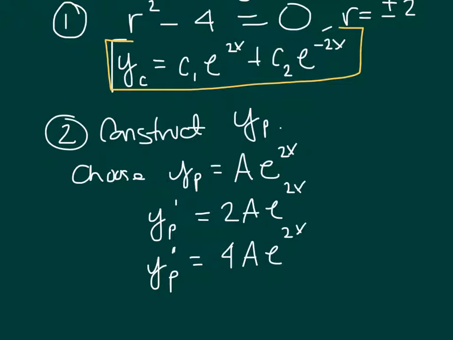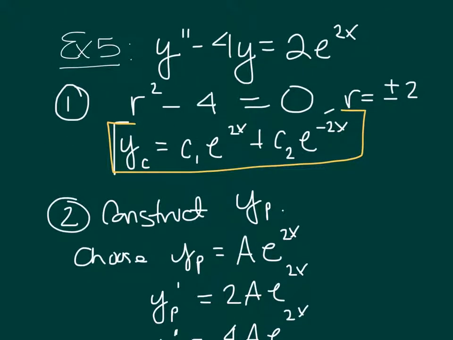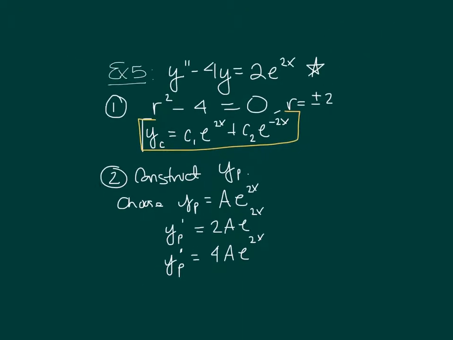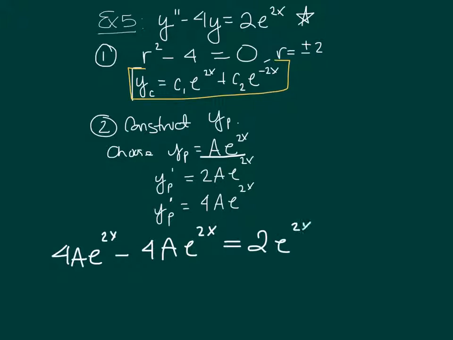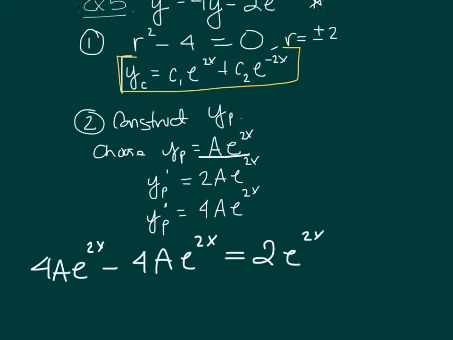So if we substitute our values back into our original equation, we get the following. y double prime, so that's 4a e to the 2x, minus 4 times y, which is 4a e to the 2x, equals our f of x. So again, I just substituted my y sub p's back into the equation.